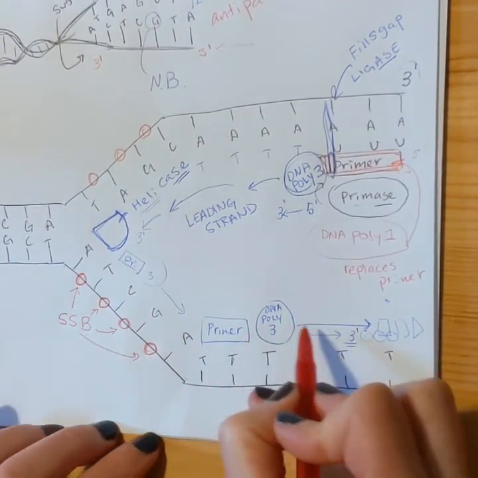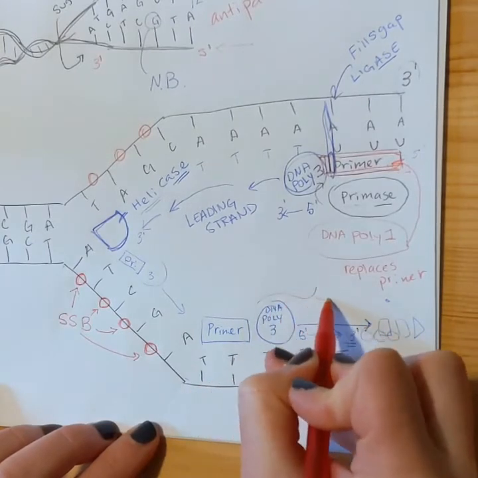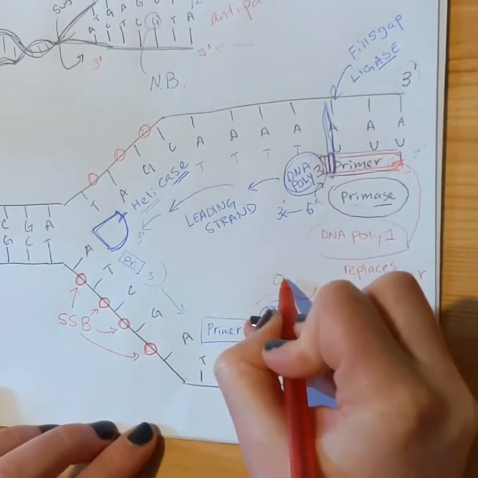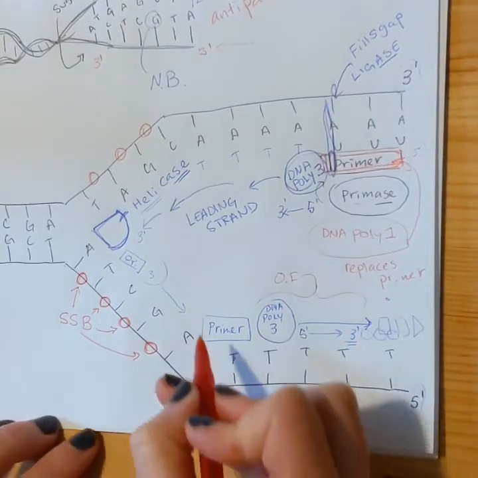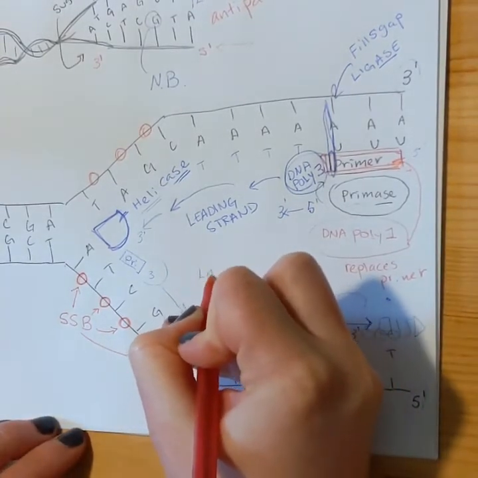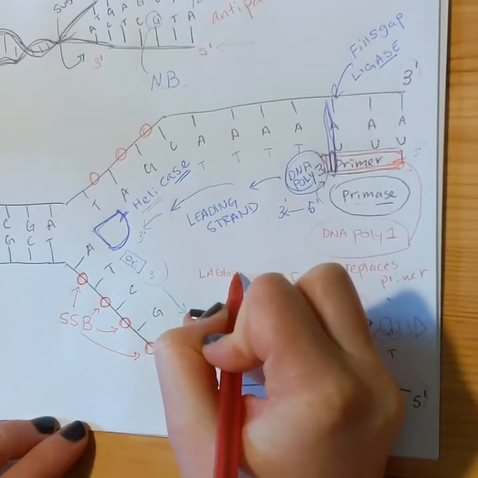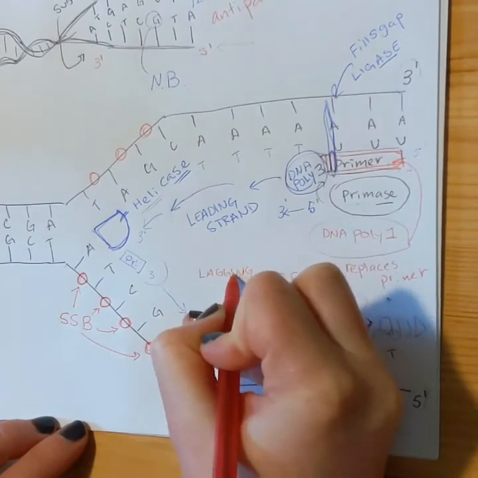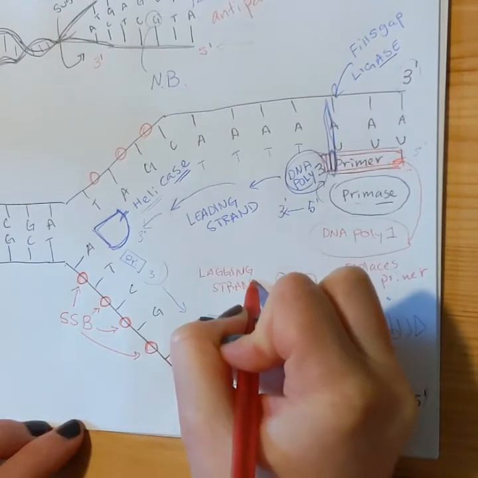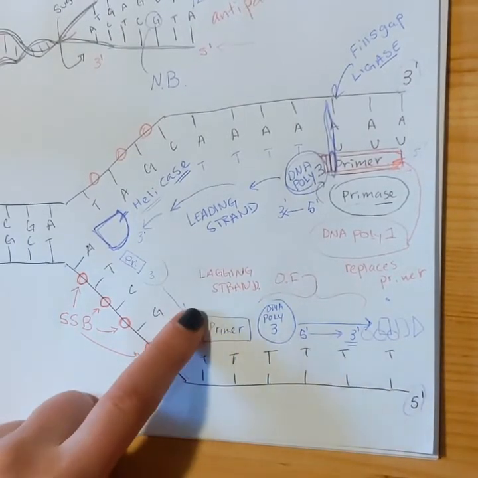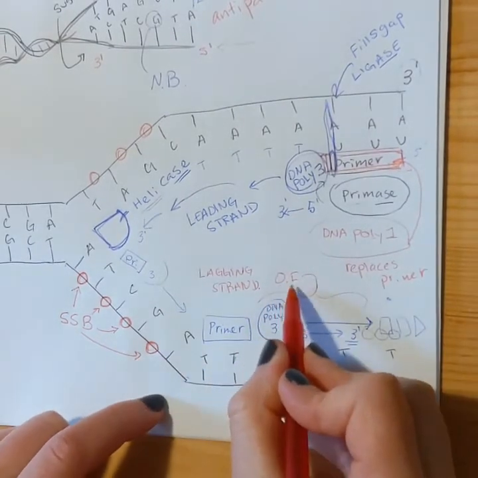I'll end up with these little chunks of DNA called Okazaki fragments. And that indicates to me that this is the lagging strand. The lagging strand is the one that contains Okazaki fragments.